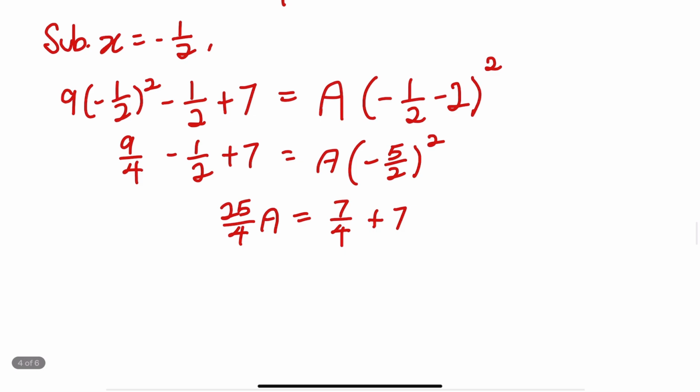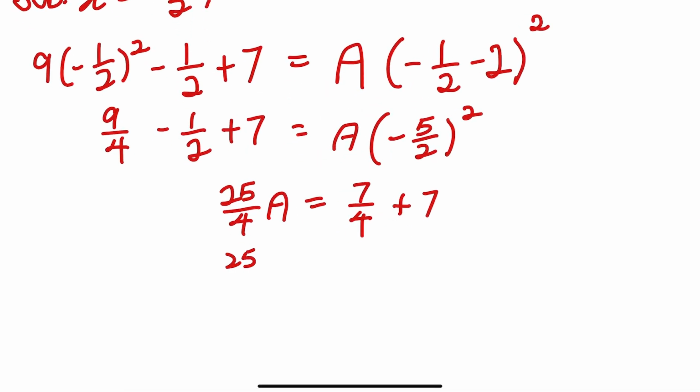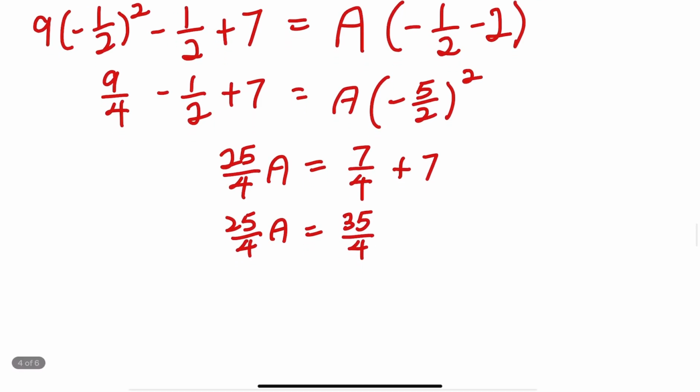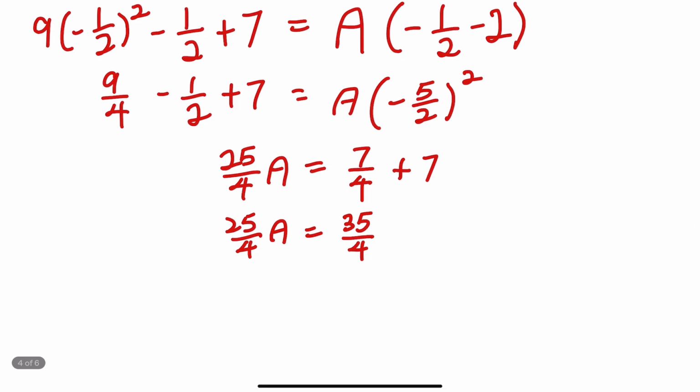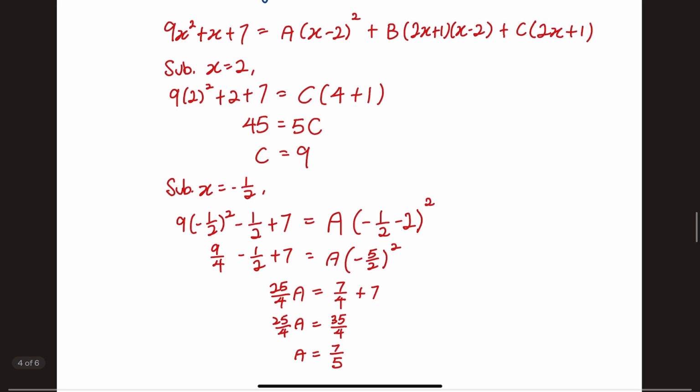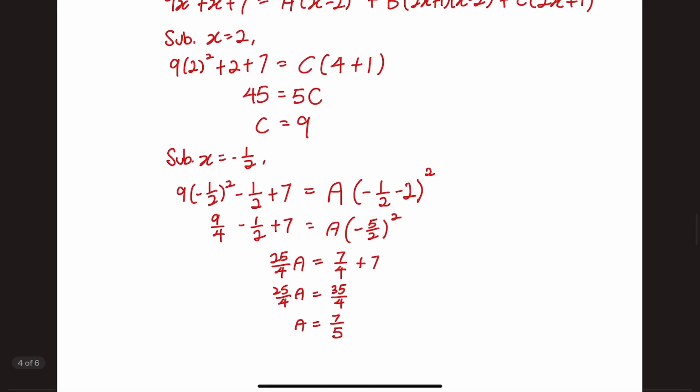So 25 over 4 a will be equal to 35 over 4. Therefore, by simplifying, a will be equal to 35 over 4 divided by 25 over 4. I'll get 7 over 5. And with that, I found the value of a and c from here.